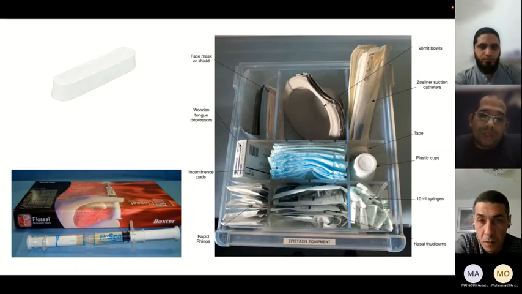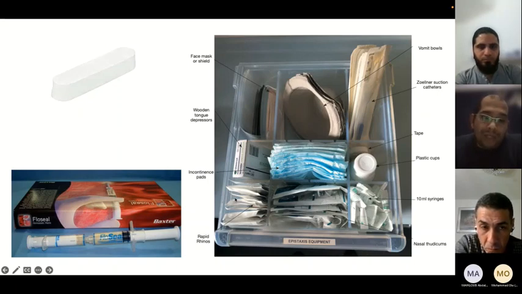These are the syringes to mix any of the tampons with saline. This is the nasal speculum. This is the rapid rhino tongue depressor. Okay, and these are the instruments that you should prepare before attempting to do the indirect nasal packing.